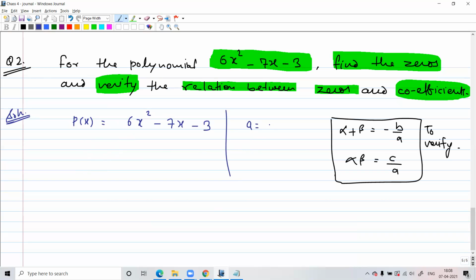It is 6. B is minus 7. C is minus 3. So ABC is very easy to find. But to verify this relation, I need the alpha and beta also. So in this question, we have to find the zeros. And how do we do that? By factorization. So let's factorize 6x squared minus 7x minus 3.